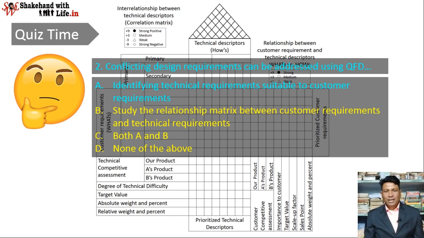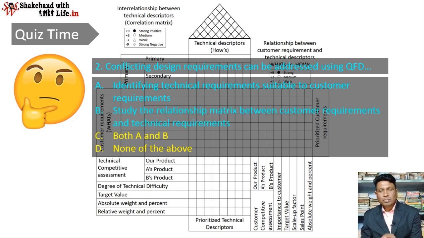So A. identifying technical requirements suitable to customer requirements. B. study the relationship metrics between customer requirements and technical requirements. C. both A and B are true. And D. none of the above. Which one do you think is the right answer for the given question? Drop your answer in the comment box below.